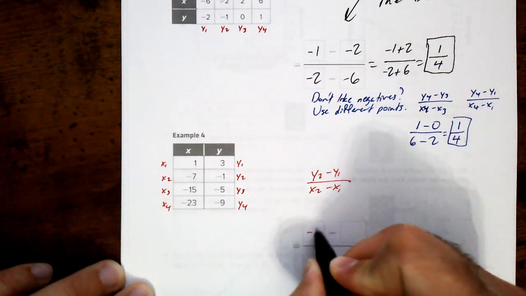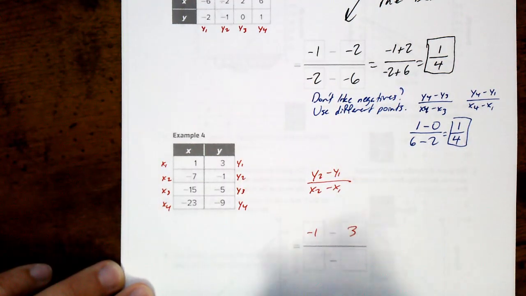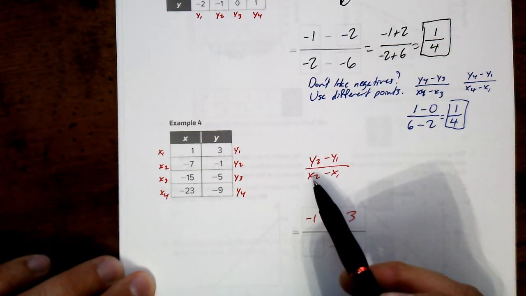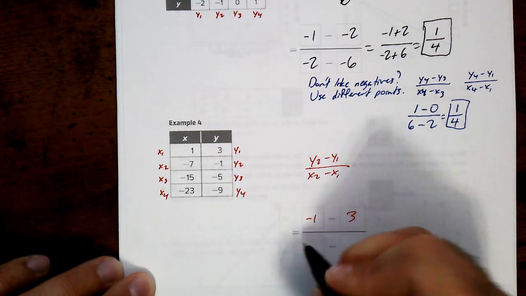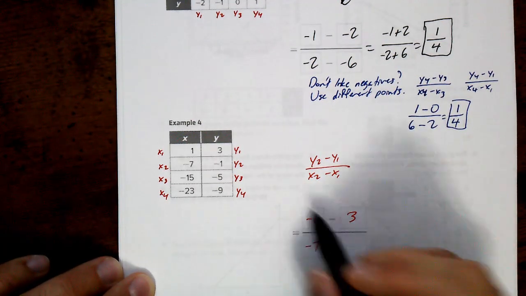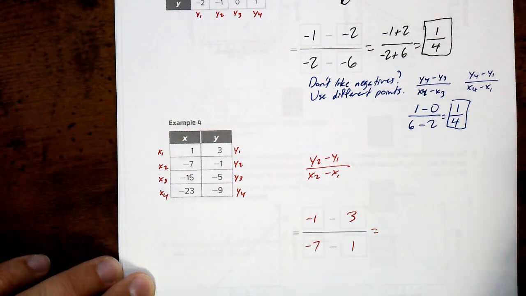y2 was negative 1. y1 was 3. So negative 1 minus 3. Then we have x2, negative 7 minus x1 is 1. So what's negative 1 minus 3?